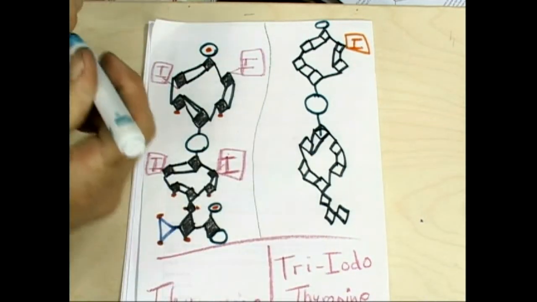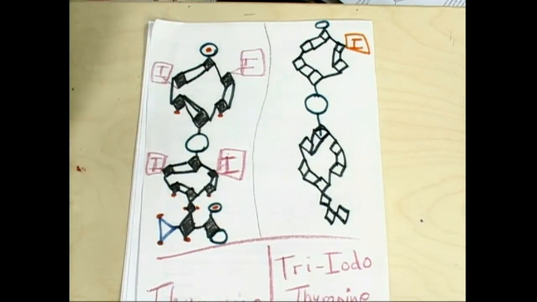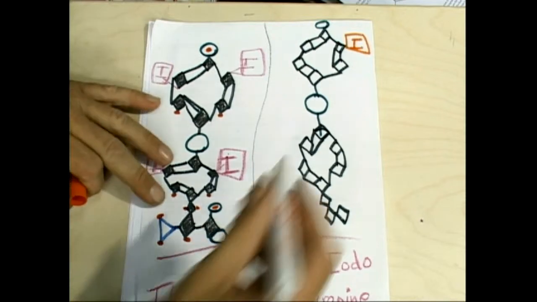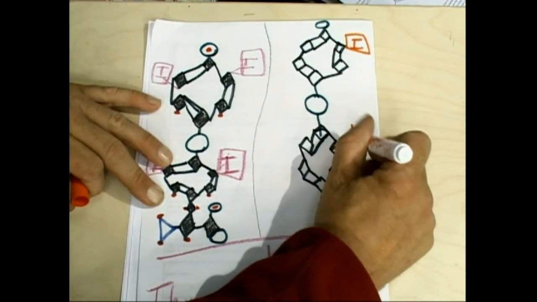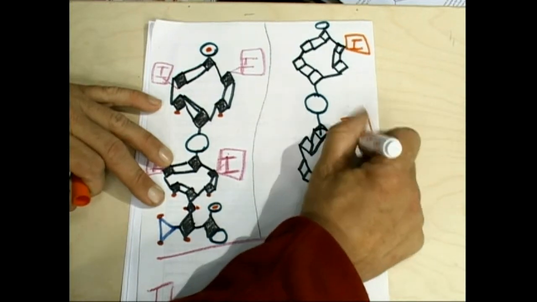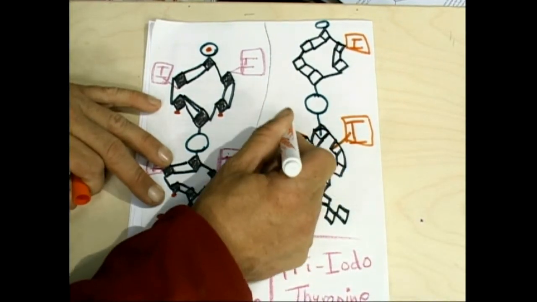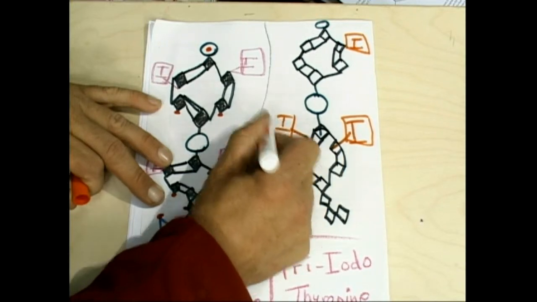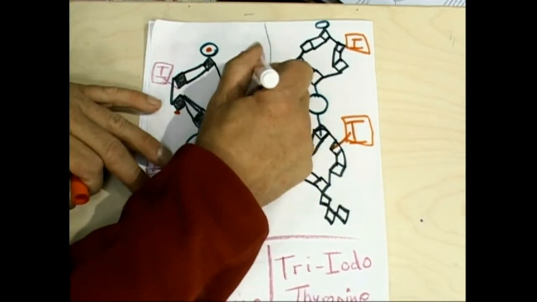Where do you want to go? Draw the iodines? Okay, we'll draw the iodines in there. These are coming off there. There's iodine in a box. Here's iodine in a box.